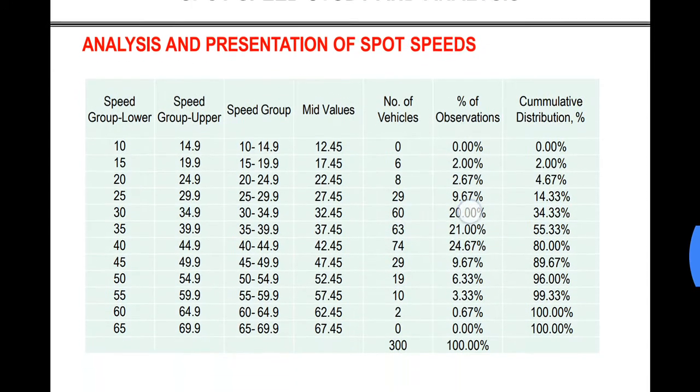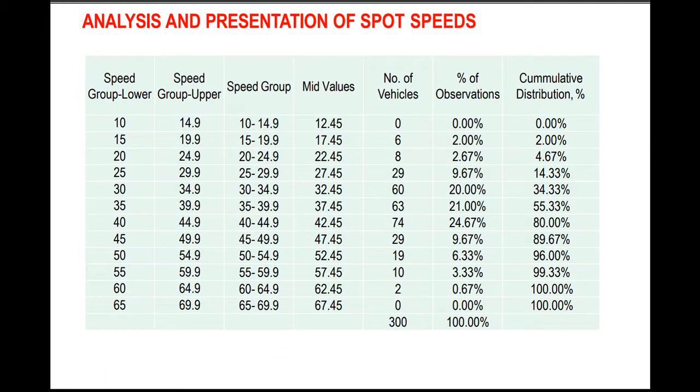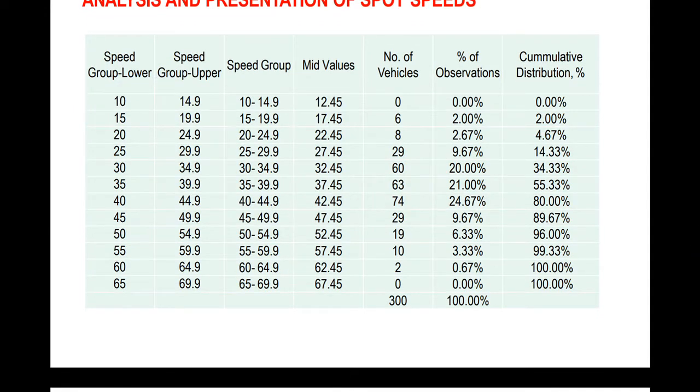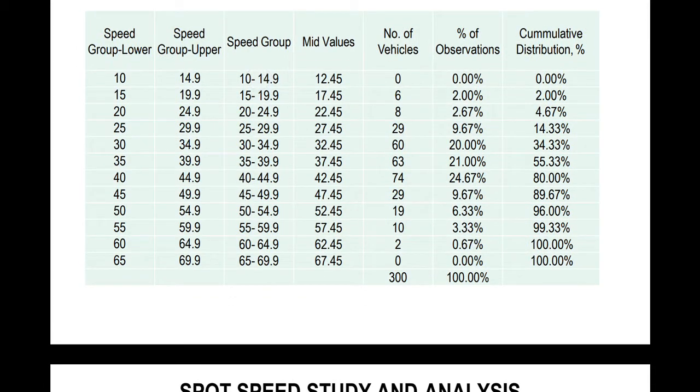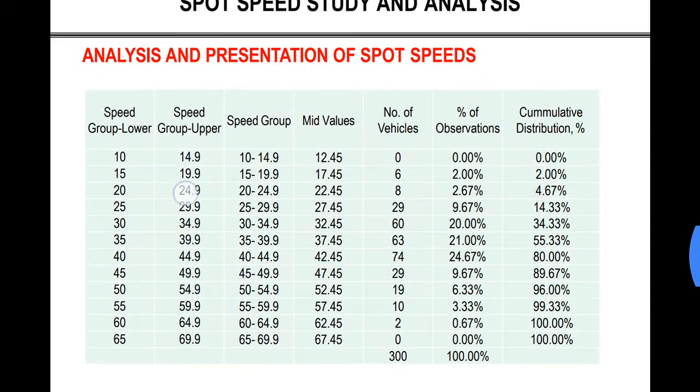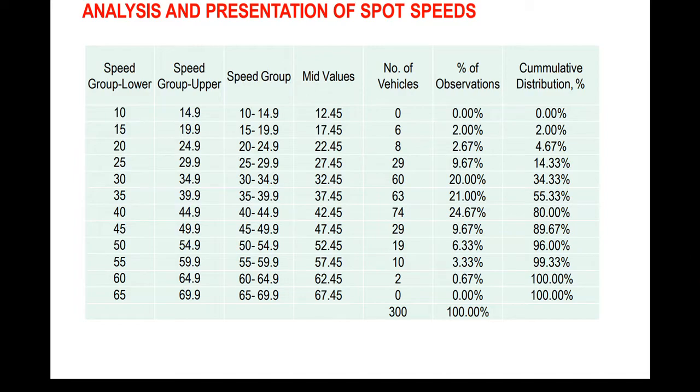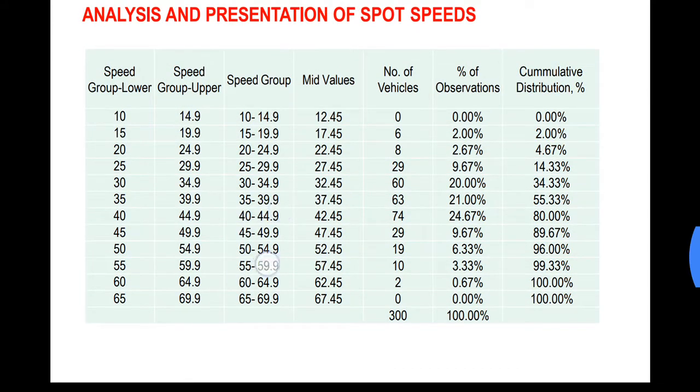Now here you can see a tabular representation of the data. The speed of the lower group is given in kmph: 10, 15, 20, 25, and the speed for the upper group is given as 14.9, 19.9, 24.9 kmph, etc. So the speed groups would be 10 to 14.9, second 15 to 19.9, and so on.